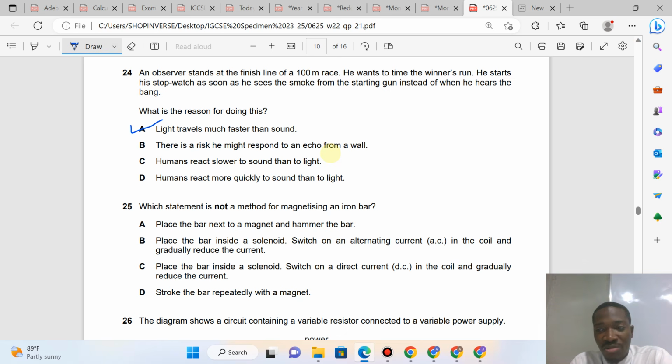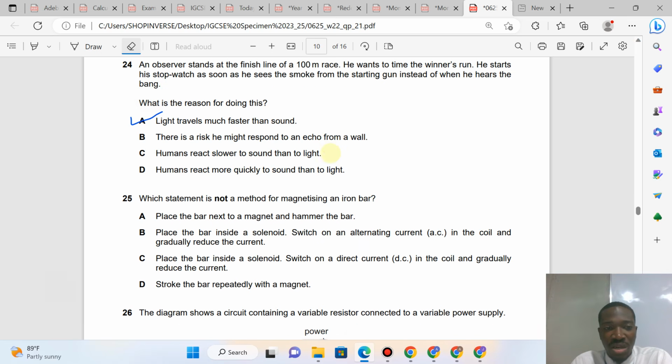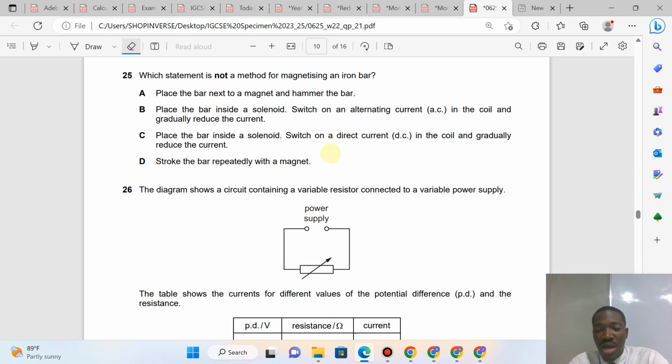So since light travels faster than sound, then it will be more accurate if he uses the time when he sees the smoke, because seeing the smoke has to do with light. But hearing the bang of the gun has to do with sound. And since light travels faster than sound, it's better he uses when he sees the smoke, because that involves rays of light. Hence, he'll get the start time accurately.